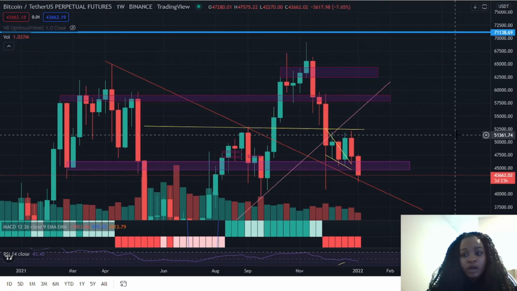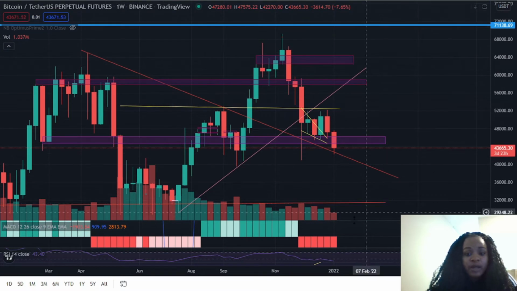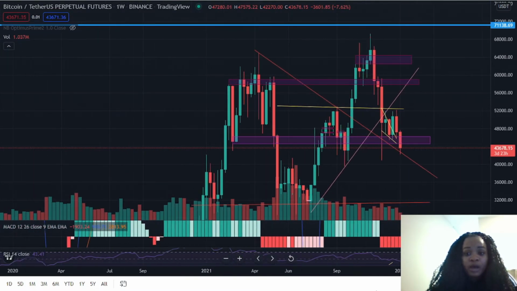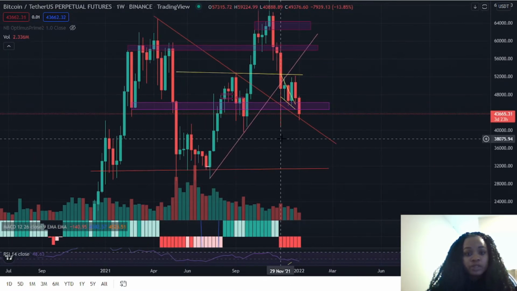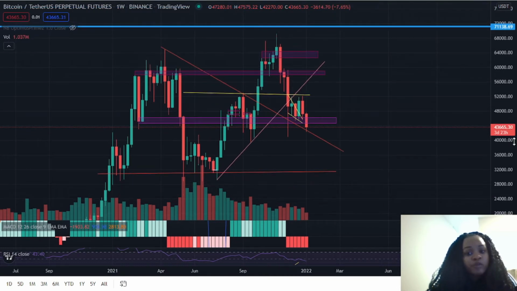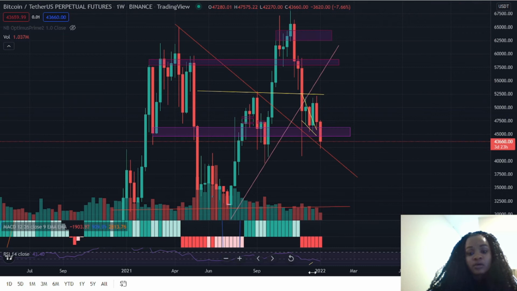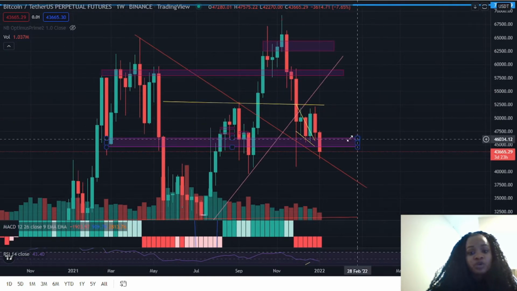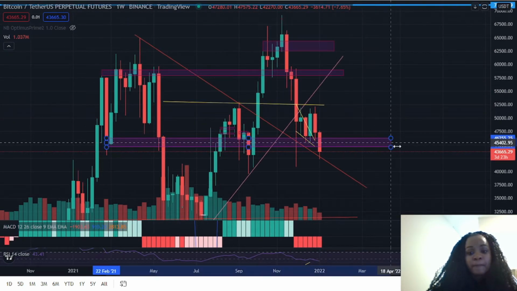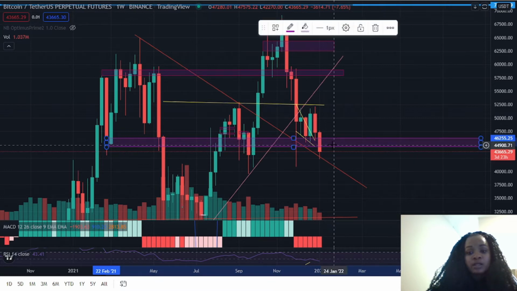So in this 1 week time frame that I'm looking at right now, I want to find the support and resistance. And you may have noticed, I've already drawn those lines on my chart here. So you can see this purple box that I drew here.